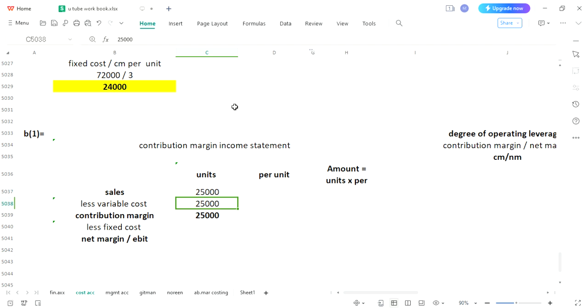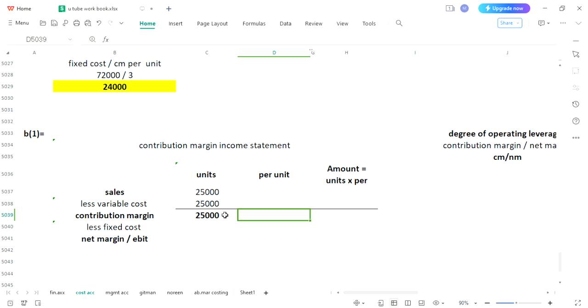Obviously, the number of units you manufacture is the maximum that can be sold. So here we have decided that the number of units for contribution margin, variable cost, and sales would always be equal. That is why we have written 25, 25, 25.